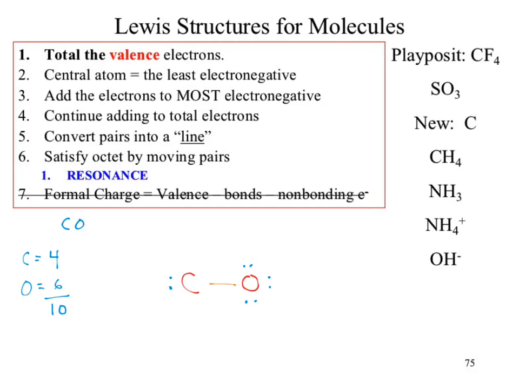You need to satisfy octets by moving pairs of electrons. Okay? And this is the tricky one that usually trips up all of the old school methods on how to show Lewis structure. And they screw this one up so horribly that students just go, oh, you have to memorize answers. No. Okay? If you build your structure right, the answer will come.